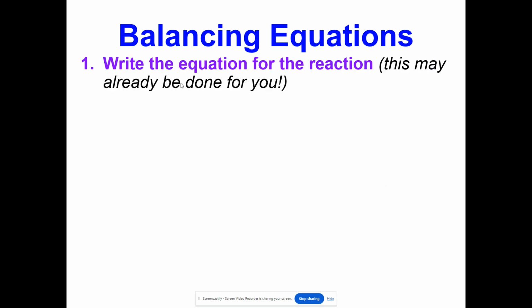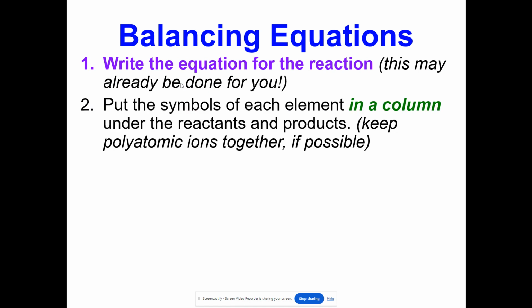Okay, so the basic steps of balancing a chemical reaction equation. You write the equation for the reaction. You might already be given this. Put the symbols of each element in a column under the reactants and products. So we're going to make a little table. And don't worry, we haven't gone over what polyatomics are, so don't worry about that.